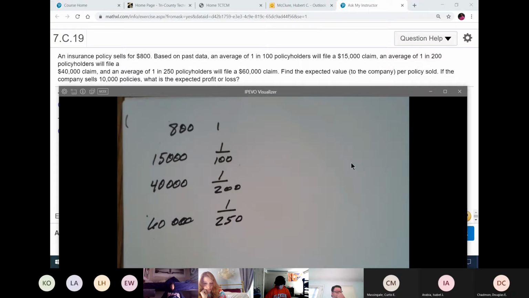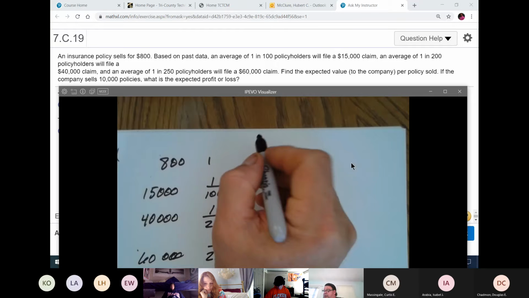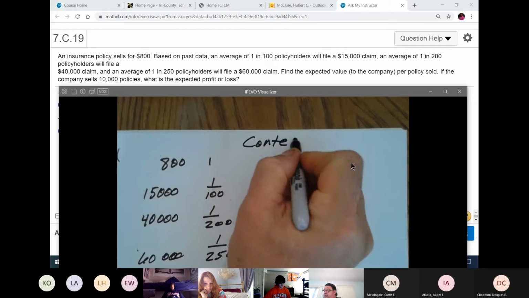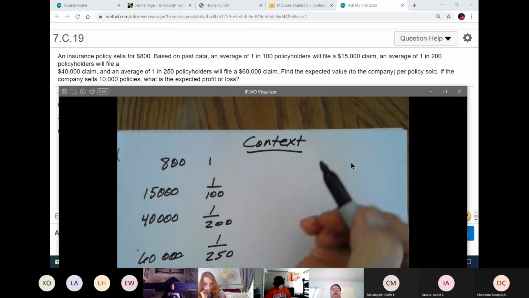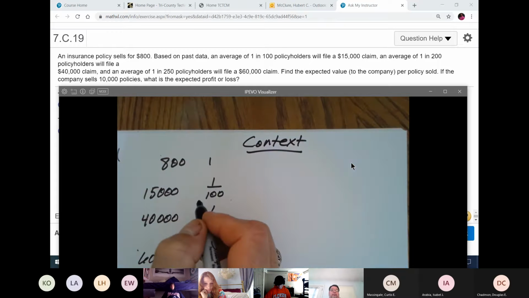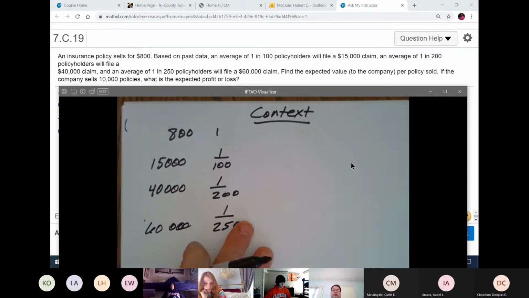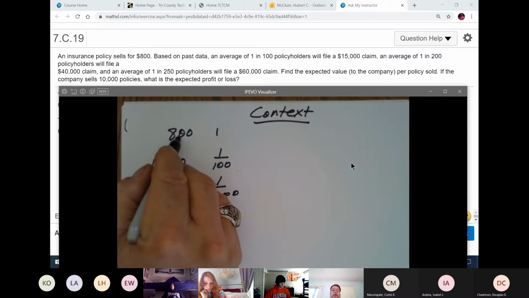Now, one of the things you have to do with this problem is you have to put it in context. You're working for the insurance company. So what is the $800? If you pay $800 to an insurance company, how does the insurance company look at that $800?